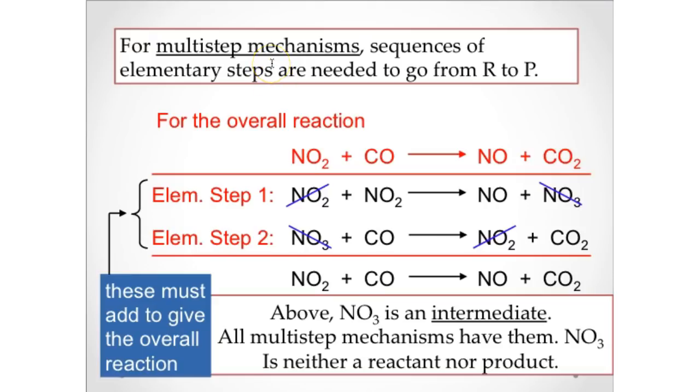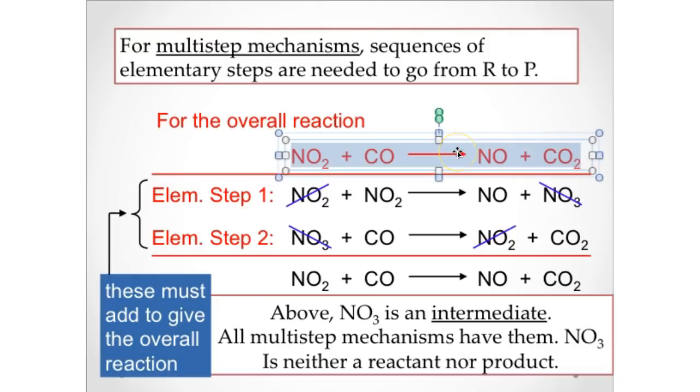For multi-step mechanisms, there is a sequence of elementary steps in order to go from reactant to product. For example, you guys are used to seeing a general reaction like this: NO2 reacts with CO to make NO and CO2.